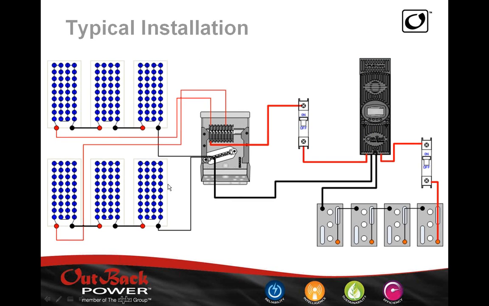Here's a typical installation. So here we have our modules going through a combiner box, and then our combined currents go through the input breaker onto the charge controller, to an output breaker and onto the batteries. What this is not showing is the GFDI breaker, which is essentially here at the output side.